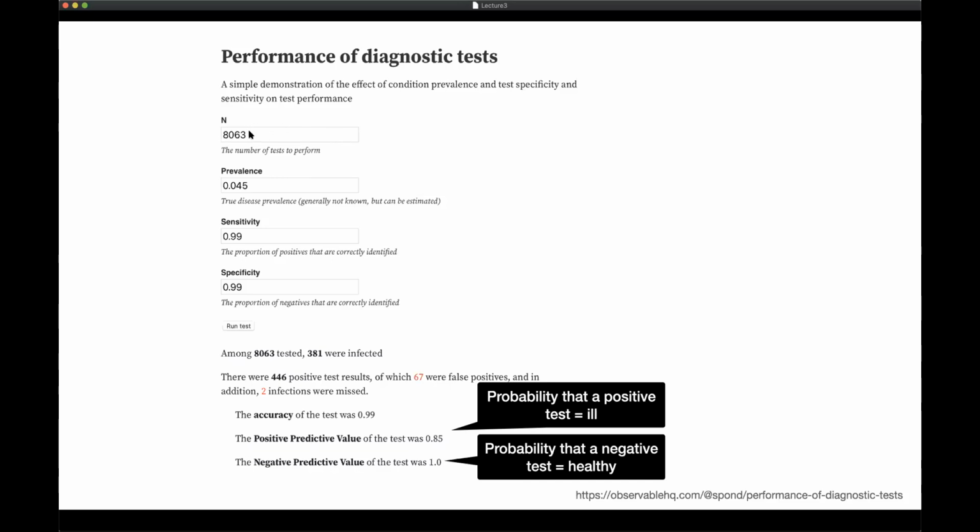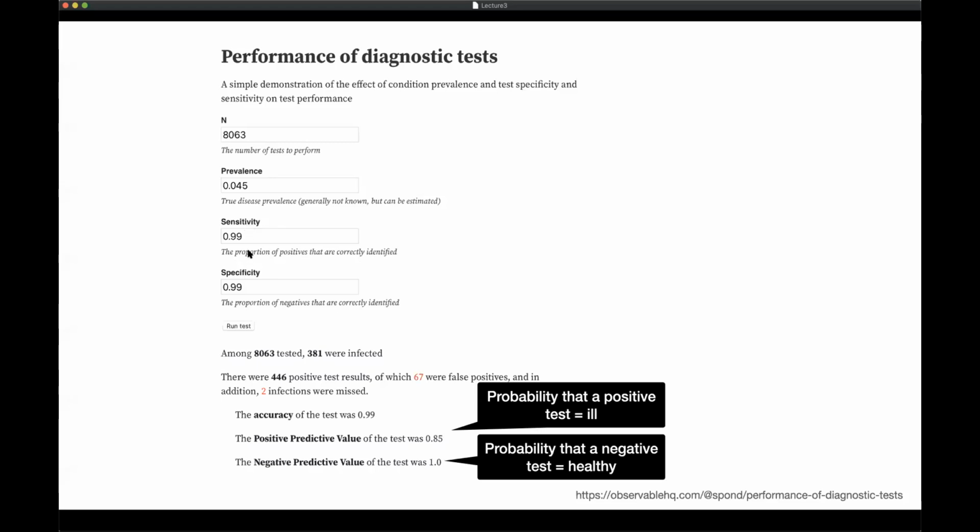How many tests you've run, so 8,063. The prevalence is something that we don't know directly. The prevalence is what is the true fraction of people that are infected with SARS-CoV-2 in the population. So we don't know this, but let's take it at 4.5% because that's what comes back, and what Temple currently reports.